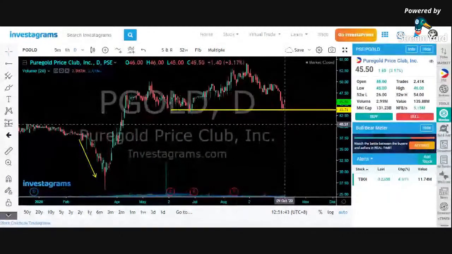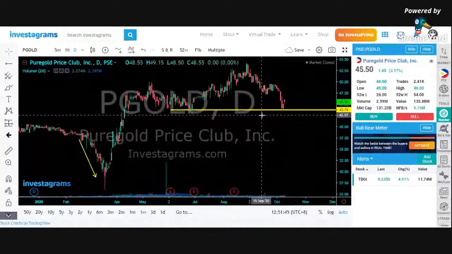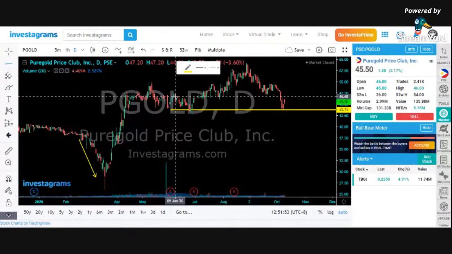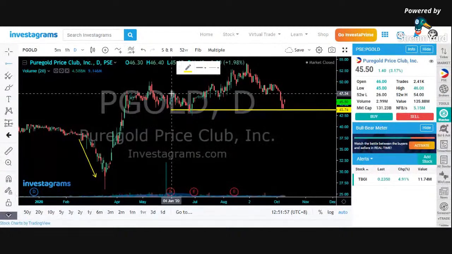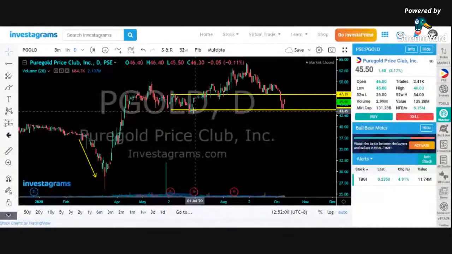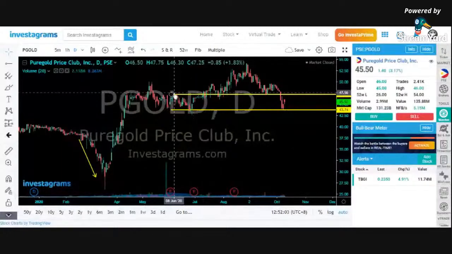If you ask me, will I buy this stock? No, I will wait for another opportunity, because if you see this area, there is a resistance in this area. The price is hitting here, going down, then going swing up, back.